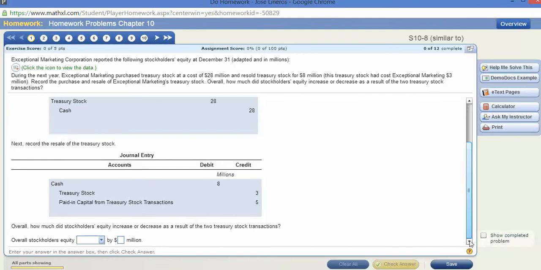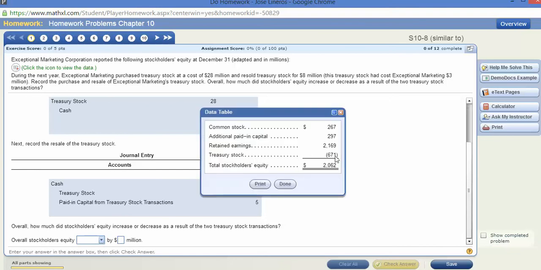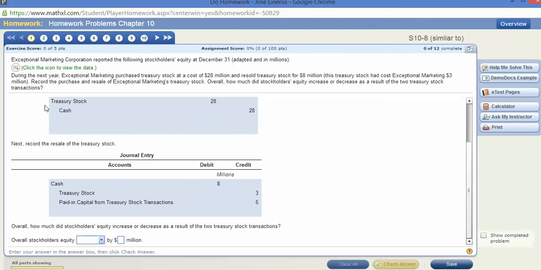Lastly, it asks you, hey, what's the overall effect of this transaction? Did it decrease or increase stockholders' equity? Well, remember that the debit to treasury stock is going to lower stockholders' equity.